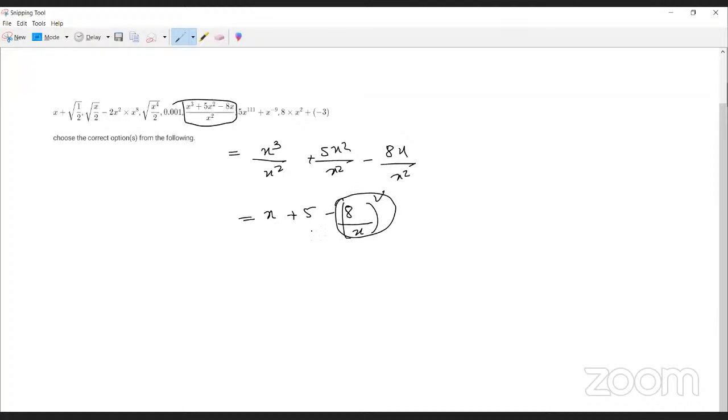Every term should be a polynomial term, like a monomial. Okay, sir. So the degree of the x term is what identifies a monomial or polynomial, right?